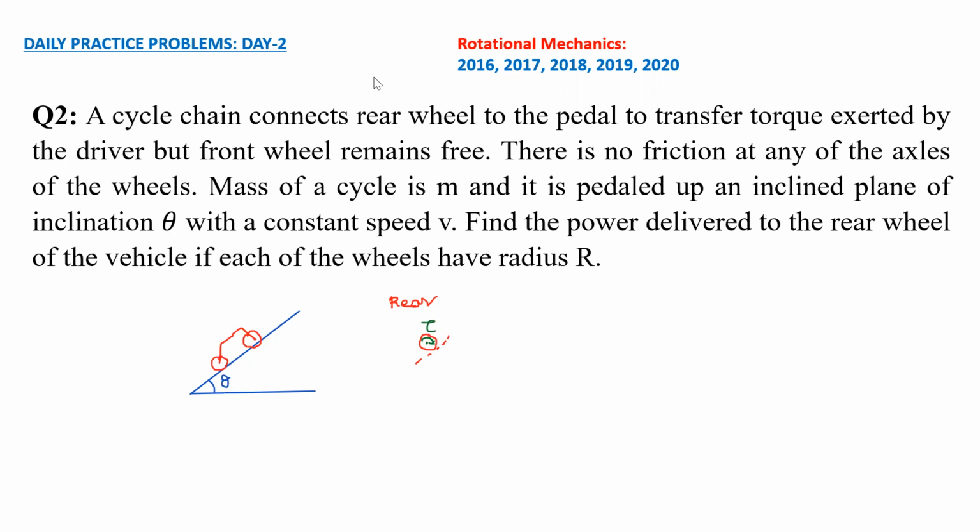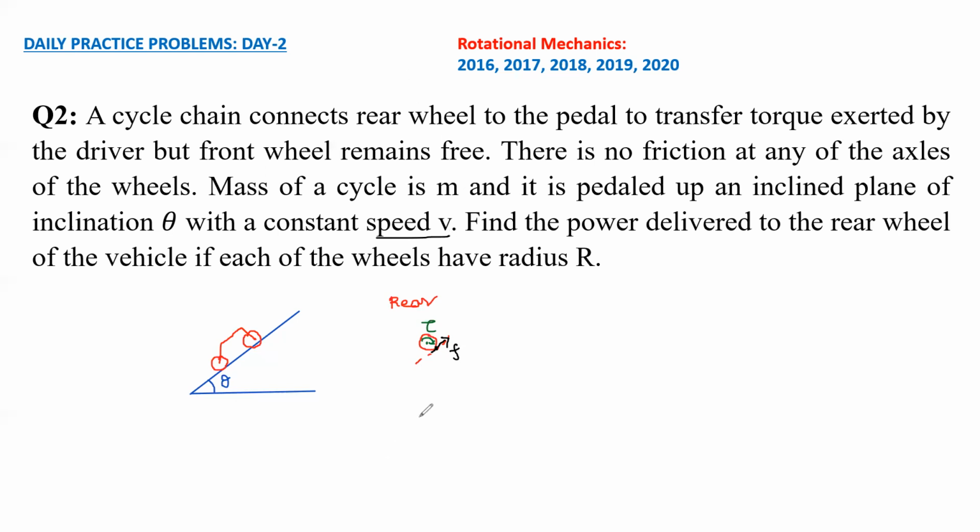And friction has to provide the opposing torque, because the net torque acting on the rear wheel shall be 0, because the cycle is moving with a constant speed. So angular speed of the wheels also shall be constant, for them to not slip. And accordingly, we can understand that the net torque acting on the rear wheel shall be 0.